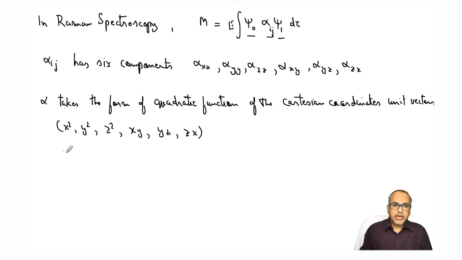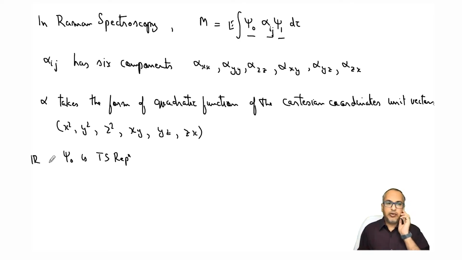Now here also psi 0 is a totally symmetric representation. IR for psi 0 is the totally symmetric representation. IR is irreducible representation here, so do not get confused with infrared spectroscopy.